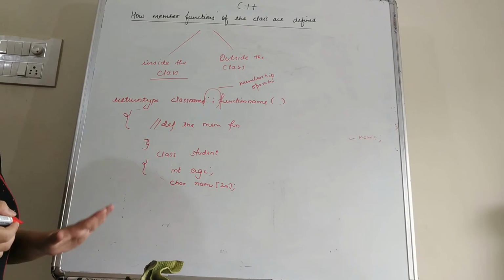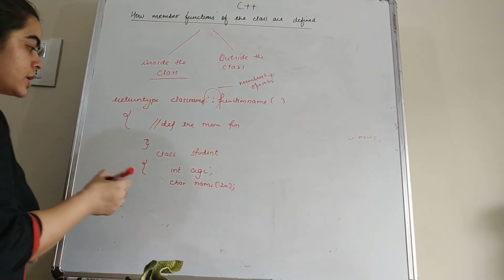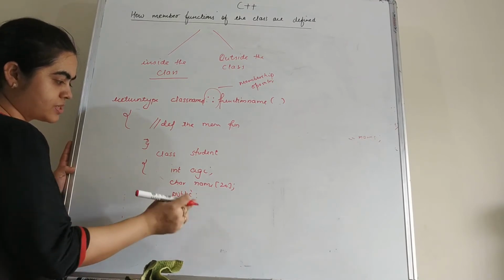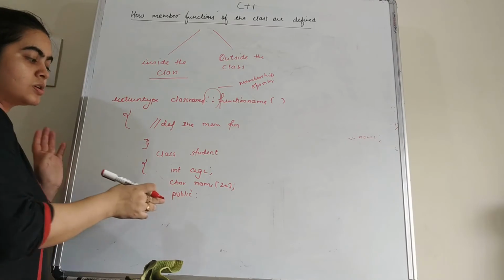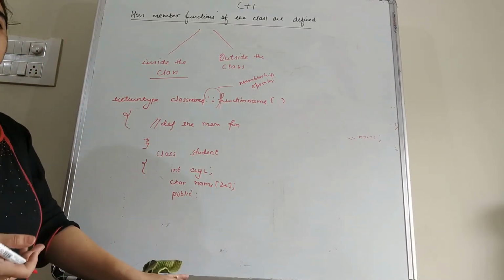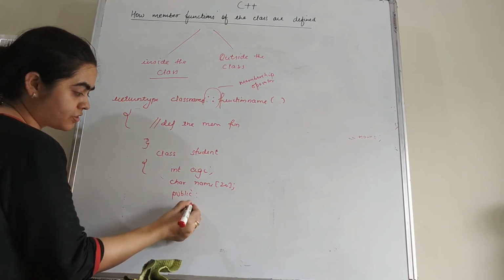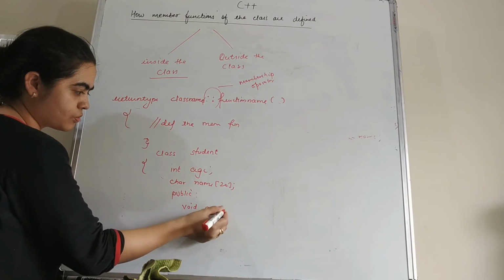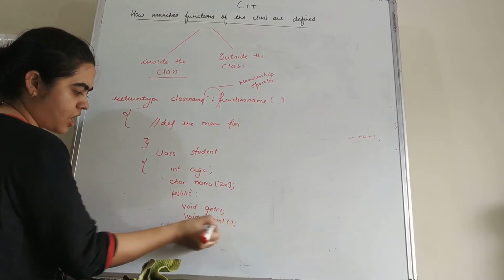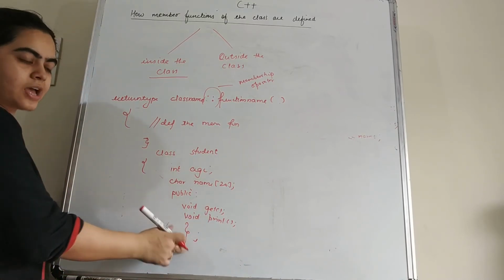We can only declare the functions inside the class, but we can define those functions outside the class. So for declaration, we have to use the access specifier, that is public, because if you do not write public here, that means we cannot define those functions outside the class. After this, the first function is suppose void get, and the second function is void print. So these are declared inside the class. Now we are going to close the class with a semicolon.